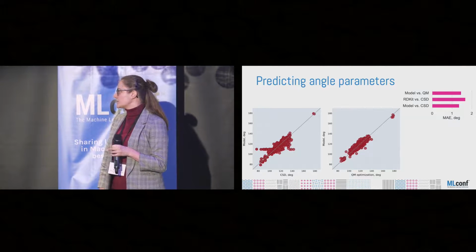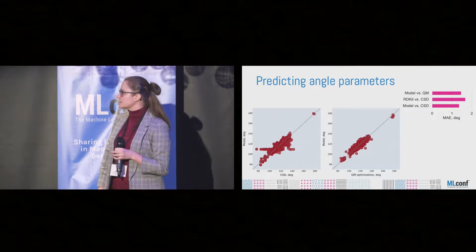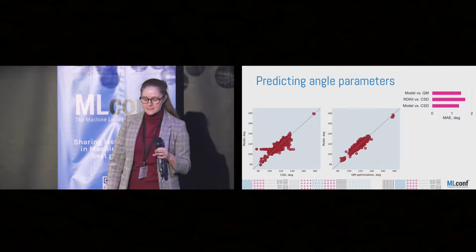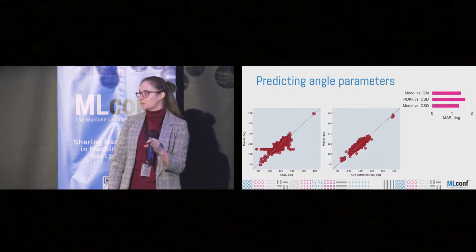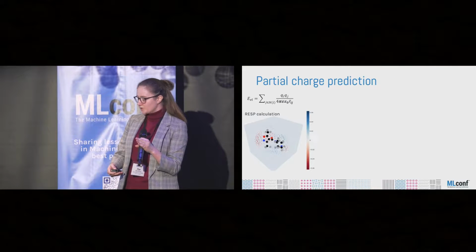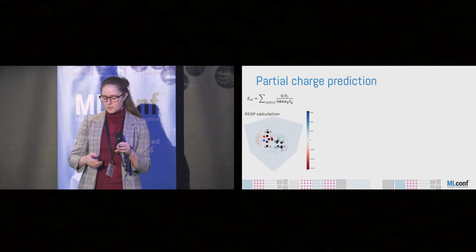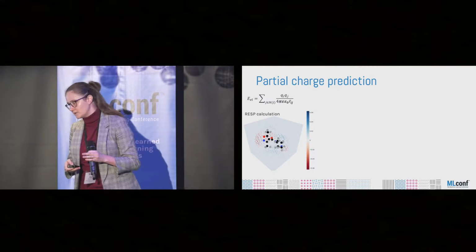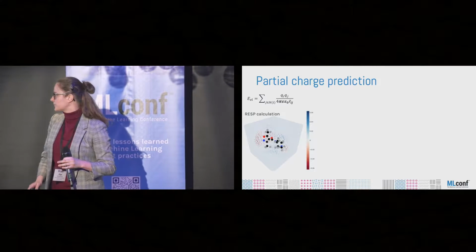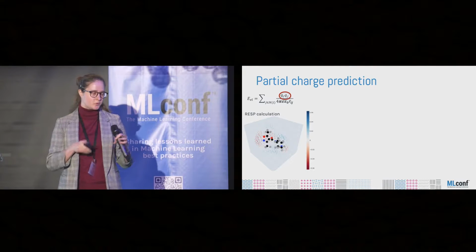So one of the most important things that we achieved with these atomic embeddings was that we could bypass this discretization of the atomic environment. And this is crucial when you describe electrostatics. When you describe electrostatic interactions between two atoms, you have to know the charges of the two atoms.